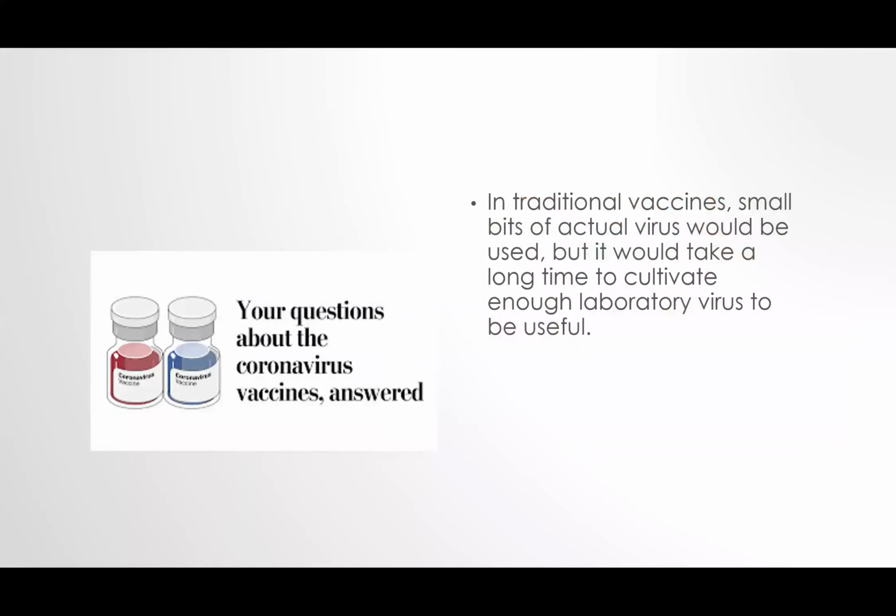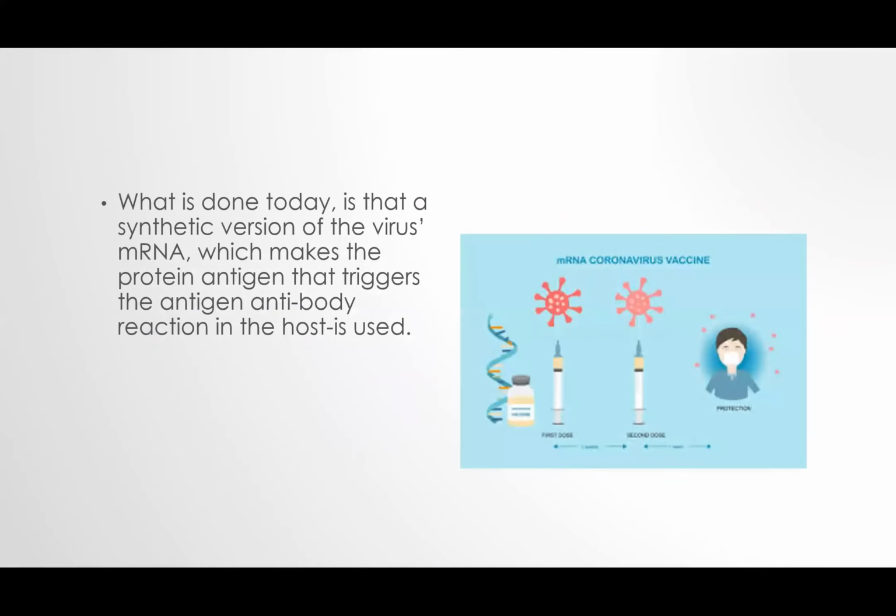In traditional vaccines, small bits of actual virus would be used, but it would take a long time to cultivate enough laboratory virus to be useful. What is done today is that a synthetic version of the virus's mitochondrial RNA, which makes the protein antigen that triggers the antigen antibody reaction in the host, is used.